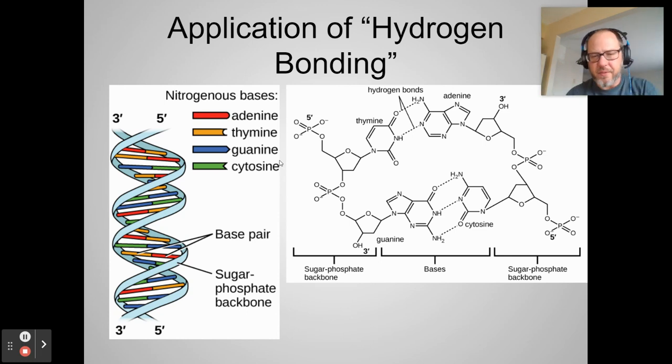Adenine will not bond to guanine because it would be 2 on 3, and thymine doesn't bond to cytosine because it would be 2 on 3. So the only way they can bond is between thymine and adenine, and guanine and cytosine. This forms very strong attractions between the base pairs, and you have DNA.